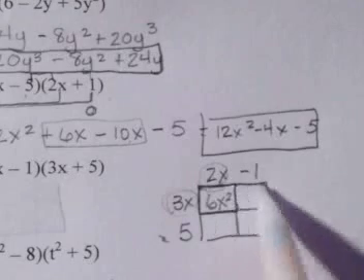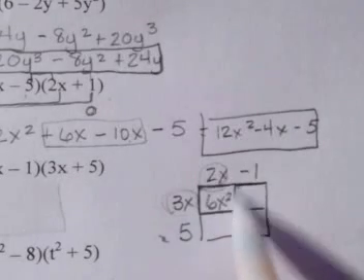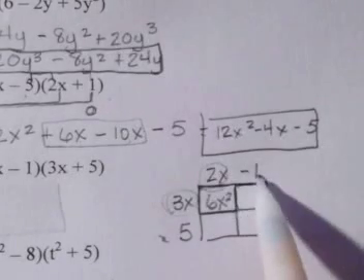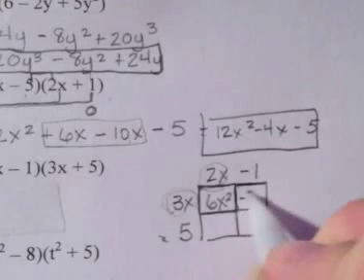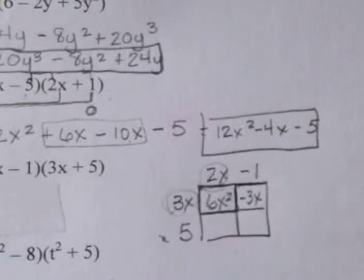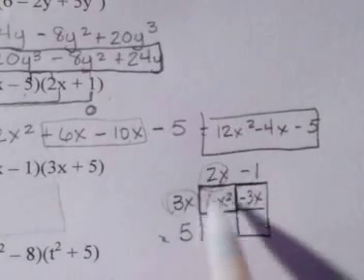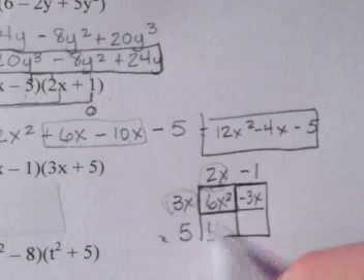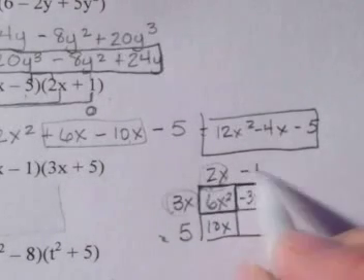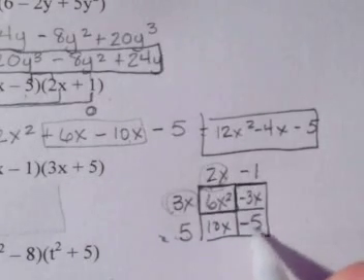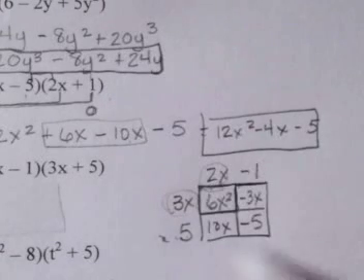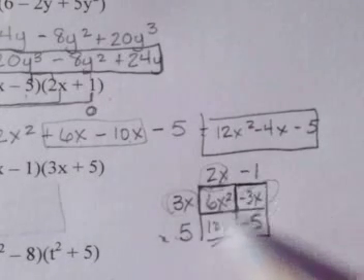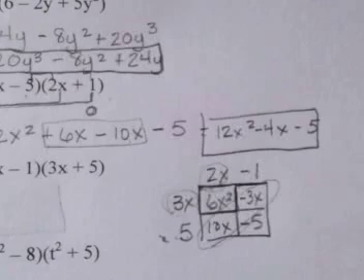I'm also going to do that for this box. I'm going to multiply length times width, which is negative 1 times 3x, or negative 3x. 2x times 5 gives me 10x, and negative 1 times 5 gives me negative 5. Now again, I'm going to notice that my terms on the diagonal are almost always like terms.